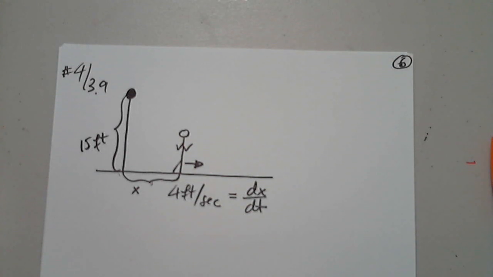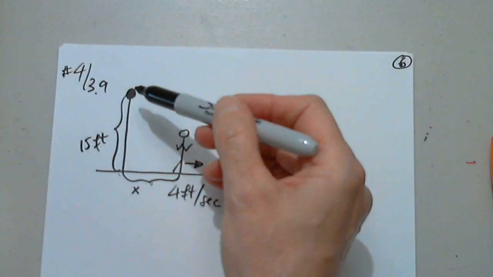And then I'm going to read it again to make sure that I took care of everything. How fast in feet per second is the tip of his shadow moving when he is 45 feet from the pole? So here's what happens.